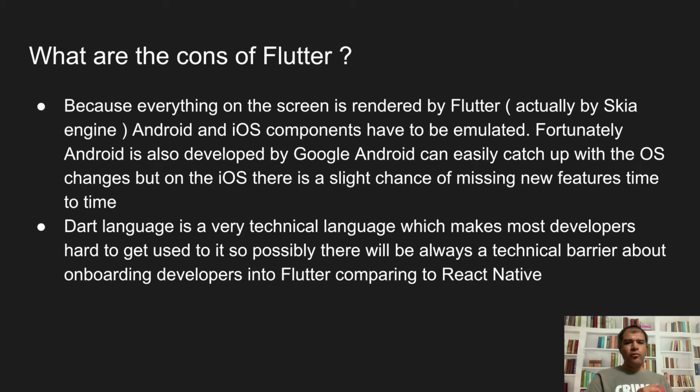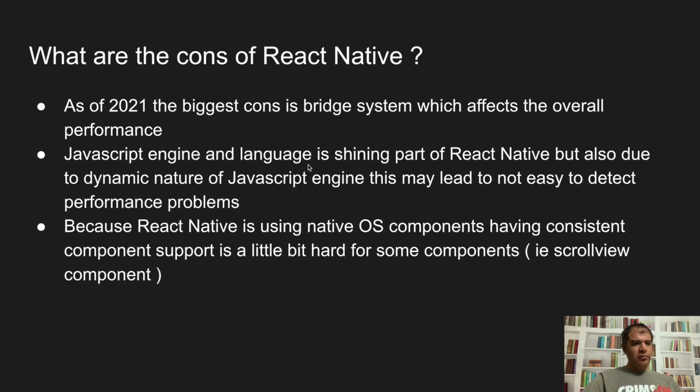So this is a little bit confusing, not confusing, but this is a technical detail. This is an engineering detail. So this becomes a burden for web developer mindset people. But of course, when people get used to developing that language, in time this problem fades away. So this is cons of Flutter when we compare React Native.